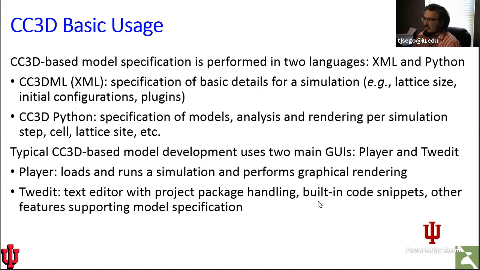So there are lots of built-in code snippets to do common tasks in model specification. We'll get into those a little bit today. We'll become more familiar with both of these GUIs as we go along today. All of our model specification will be in Twedit. All of our simulations will run in Player.